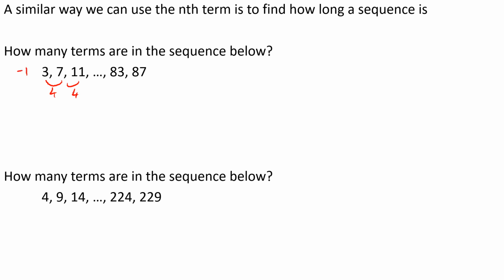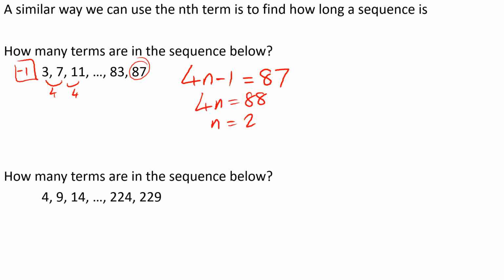Goes up in 4s. Zero term is minus 1, so that's 4n minus 1. And then we're going to set that equal to the last term, which was 87. And we're going to solve this, so we'll add 1, and then we'll divide by 4. And this tells us that the last term here is the 22nd term. So how many terms are in the sequence? 22.